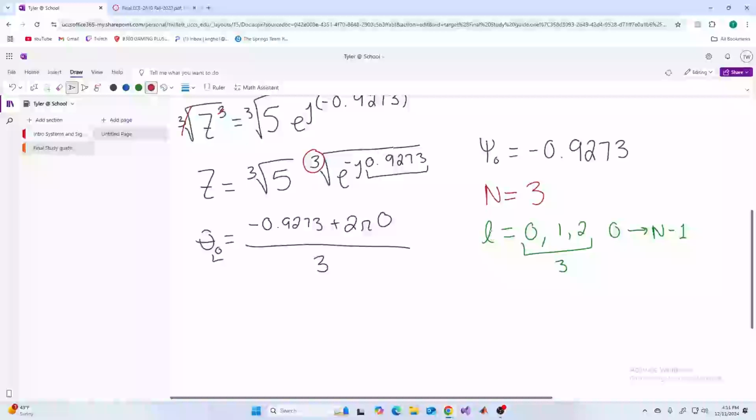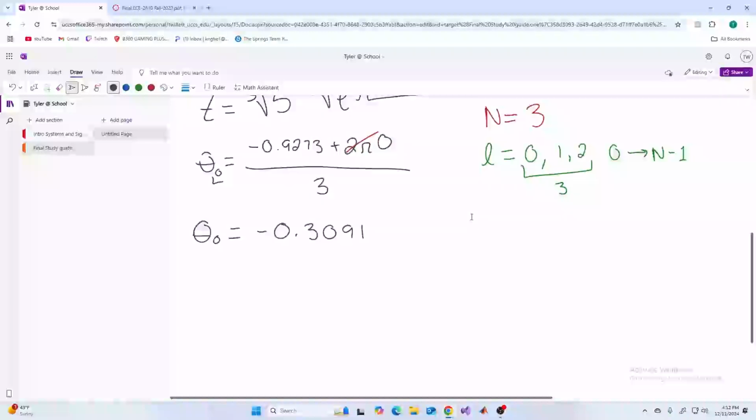This goes away, and all I'm left with is negative 0.9273 divided by 3. Plugging that into the calculator, we get theta 0 equals negative 0.3091. I'm going to box this because we're going to need it in a bit.